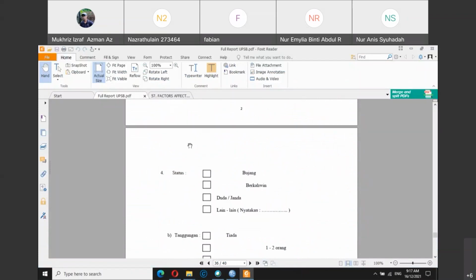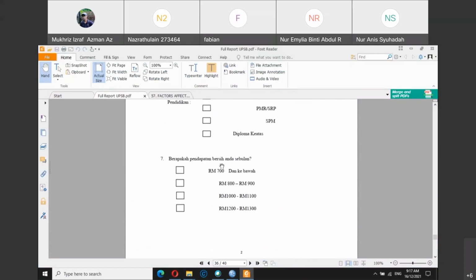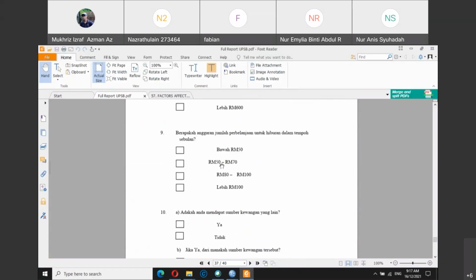But of course for this particular project, the respondents are not students but the support staff of UUM, the UPSB staff. So you don't see information on CGPA, because the respondents are workers in UUM.